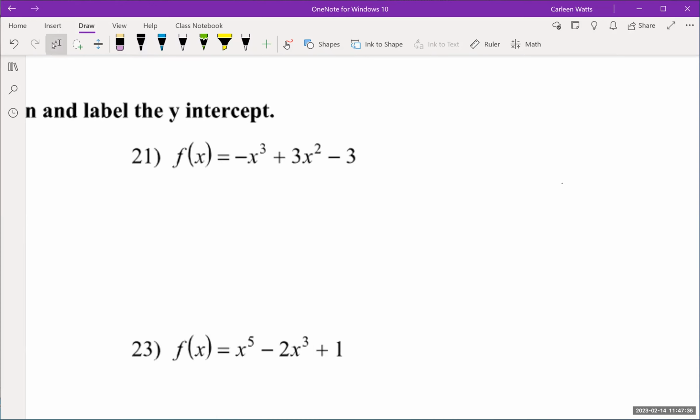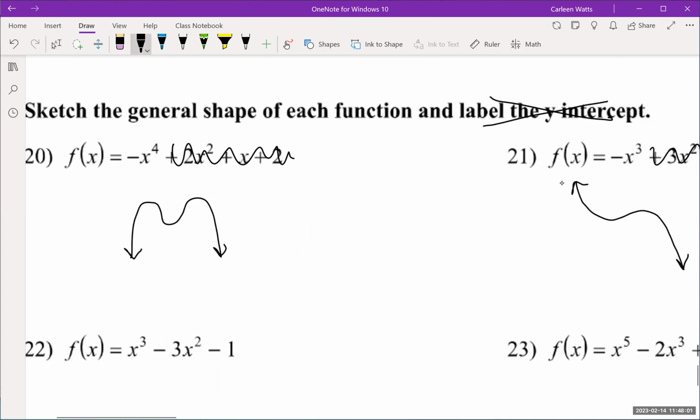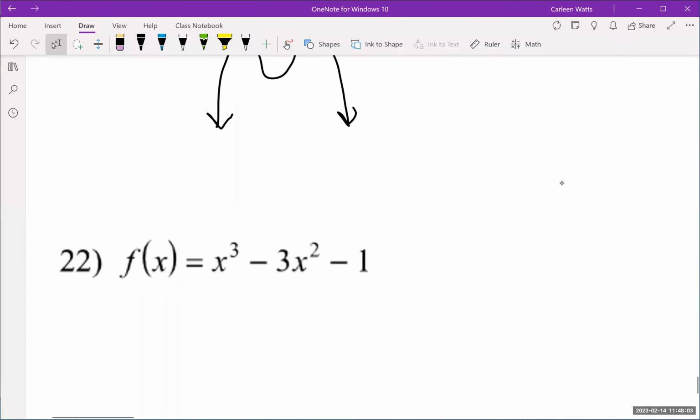21, sketch, ignoring all of that, just a sketch of the end. Oh, and we're not going to label the y-intercept. Rise left, fall right. But we know how to find the y-intercept, right?